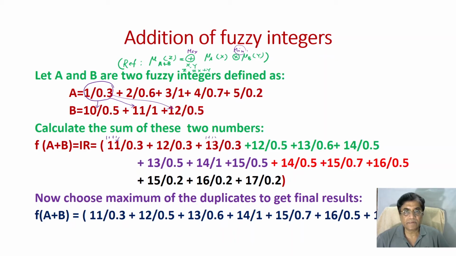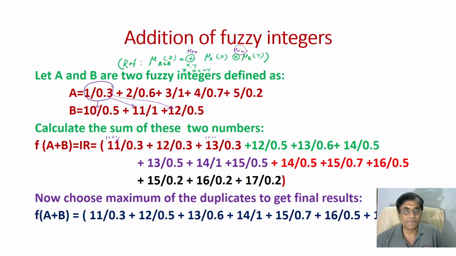And what will be its membership value? 0.3 and 0.5, whichever is minimum, as the rule is telling. The rule can actually be deduced. I am assuming that you know this rule and we are following it. Our job is to understand how fuzzy addition can be done.